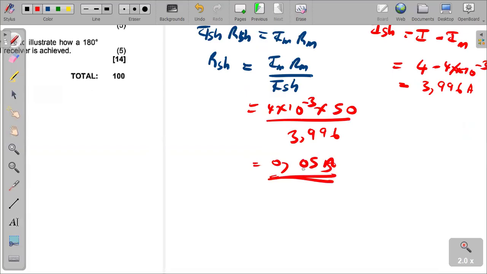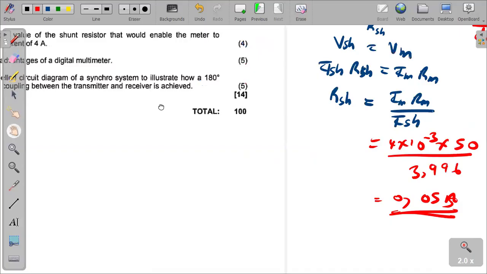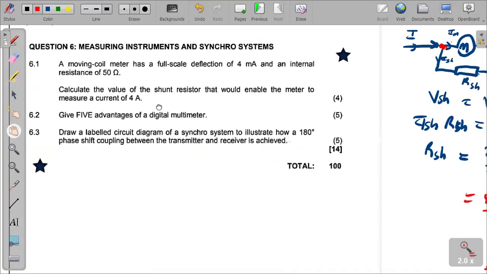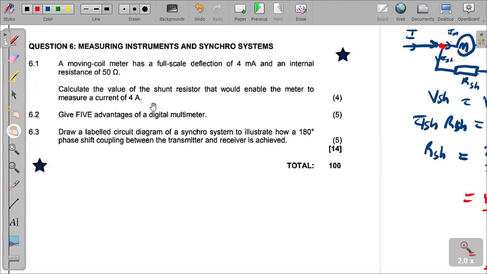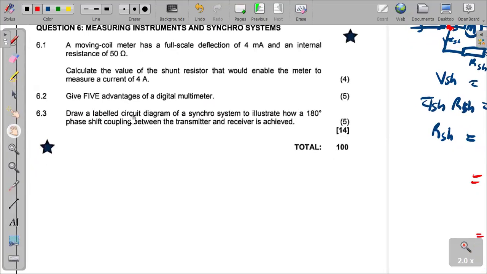Right, let's quickly go to the other question. It says, give 5 advantages of digital multimeters. There are plenty of advantages that a digital multimeter has. Among them, its accuracy is high, it is more robust, which means it's stronger, and it is much more sensitive.